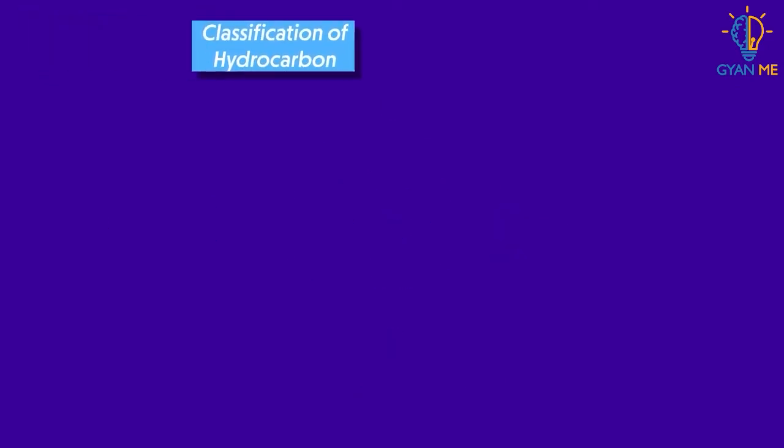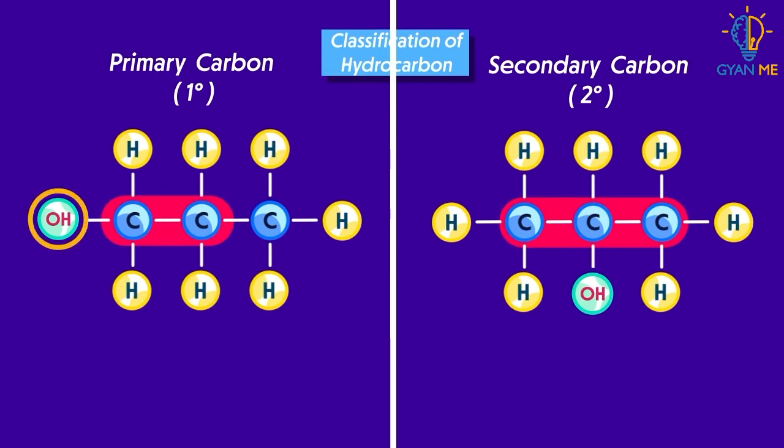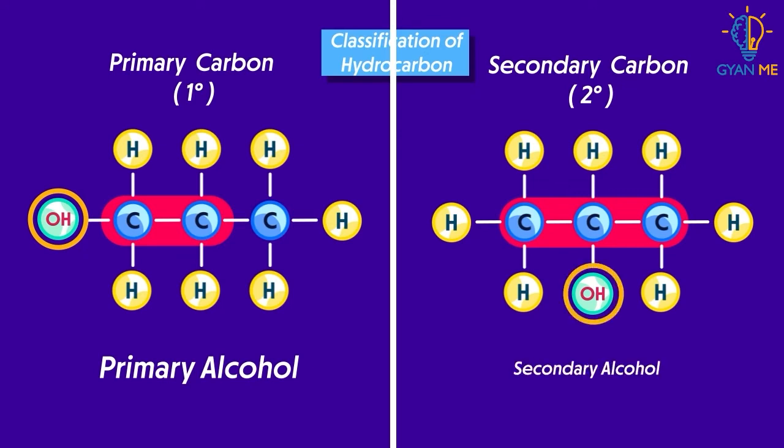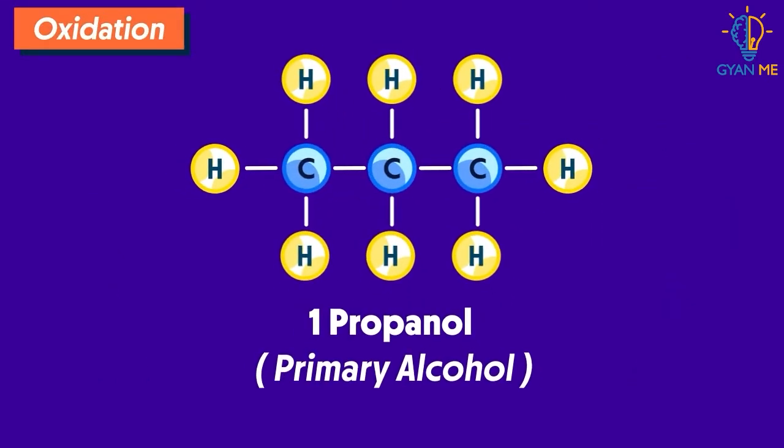Now if the alcohol group is attached to the primary carbon, then it is called primary alcohol. Similarly, if it is attached to secondary carbon, it will be secondary alcohol. This is what we mean when we say that 1-propanol is a primary alcohol. We mean that here the alcohol functional group is attached to the primary carbon.